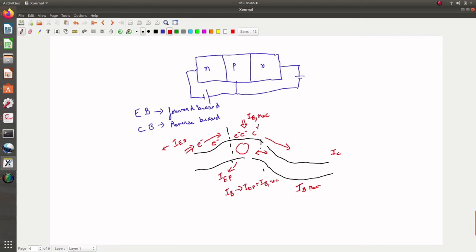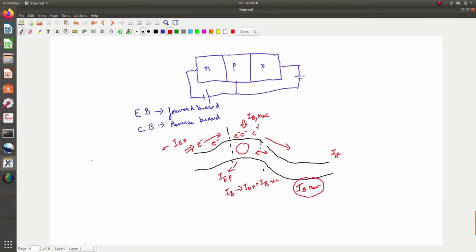Ideally, this current should be very minimum, which can be neglected. So the collector current, the main constituent is the emitter current due to the electrons. Because of that, we can rename it as INC.